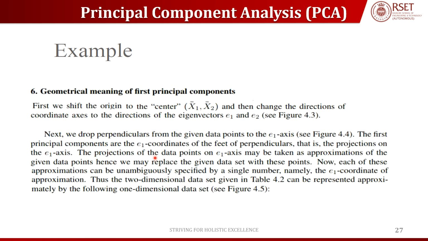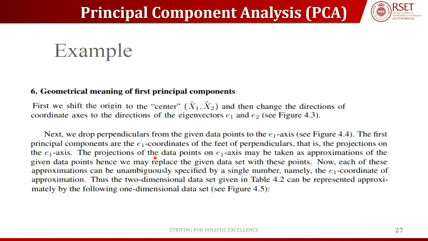Here it will be 37, and the variance explained by our first principal component E1 is simply its eigenvalue, that is lambda 1, which is 30.38. That was the value we got. So the percentage of total variance explained will be lambda 1 divided by lambda 1 plus lambda 2. By solving that, we get a value of 82.12 percent. This means that by reducing the data from 2 dimensions to 1, we managed to retain over 82% of the original variability in our data set.